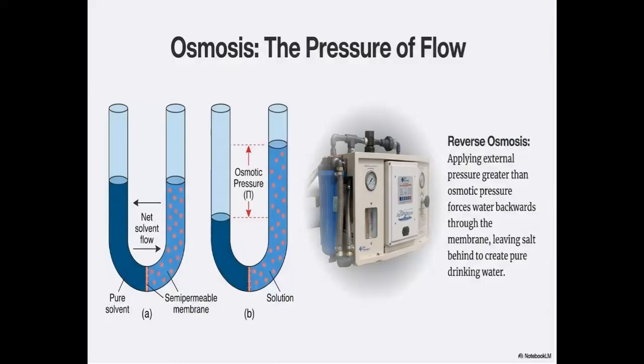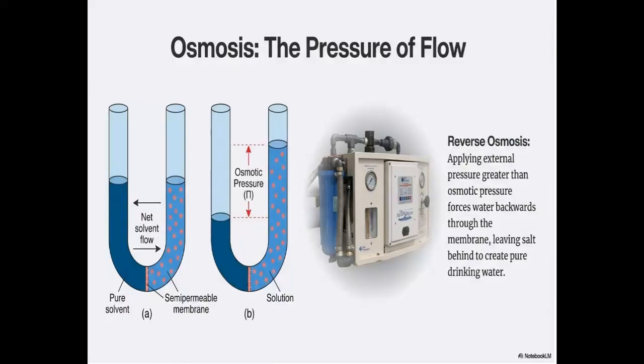The particles are going to try to move from one side to the other. Left to right or right to left? Based on the definition I just gave you, where do we have more particles, on the left or the right? On the right, so the solute particles are going to try to move towards the left. That is if we look at the solute. If we look at the liquid, where do I have more liquid particles? Left or right? Left. So the water particles are going to try to move towards the right.